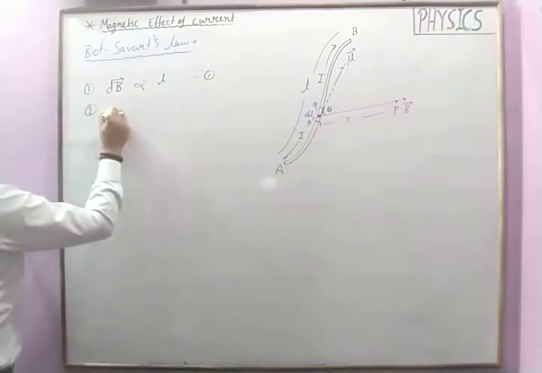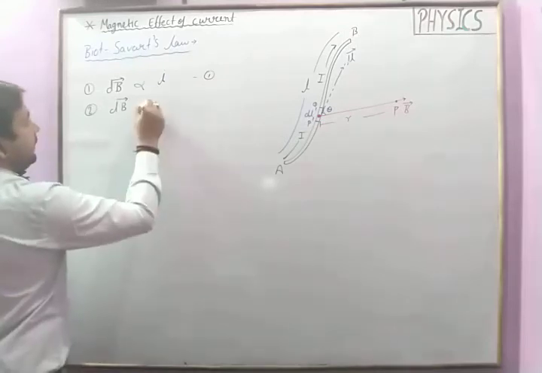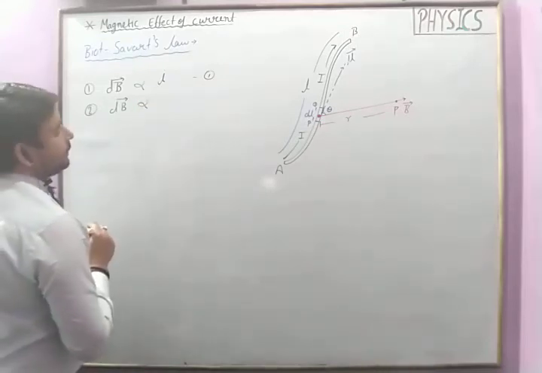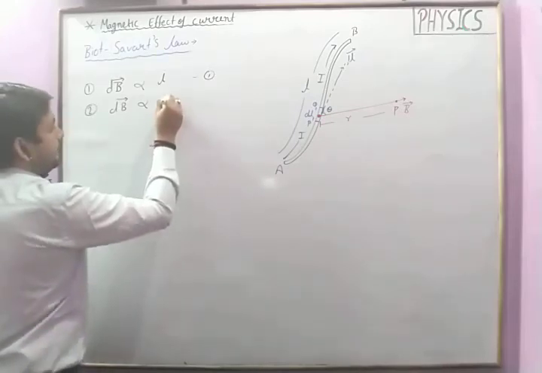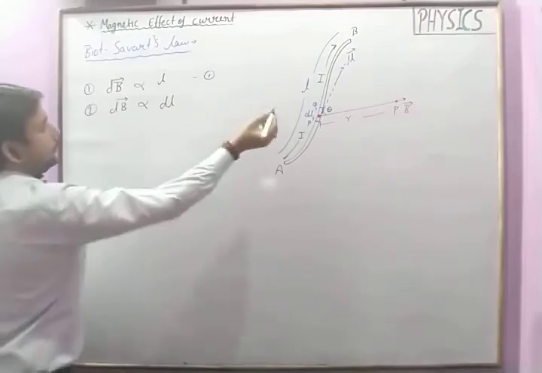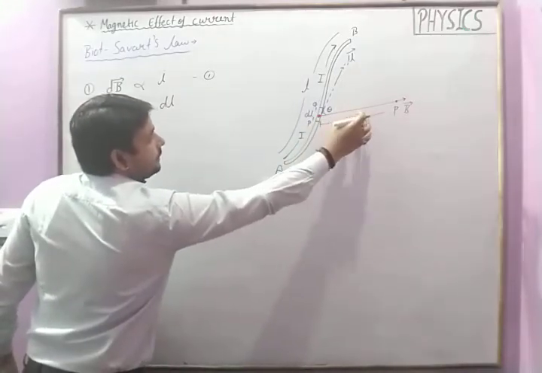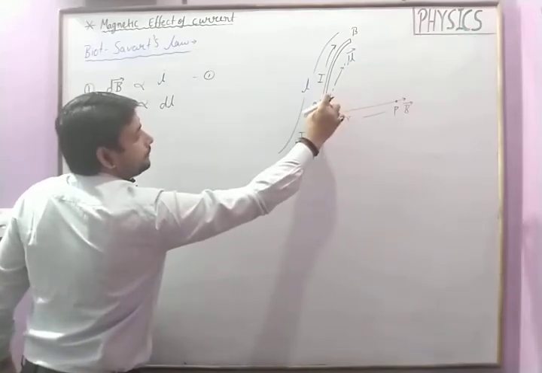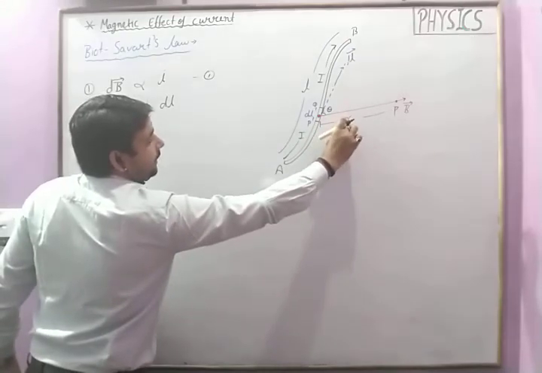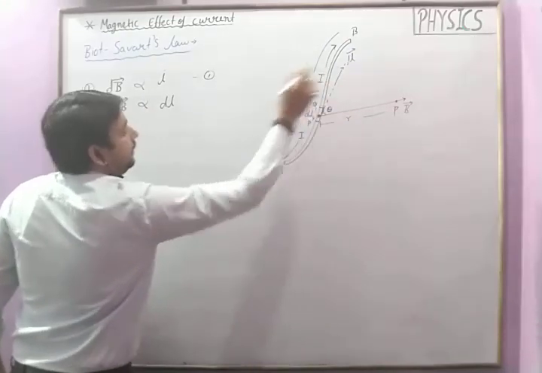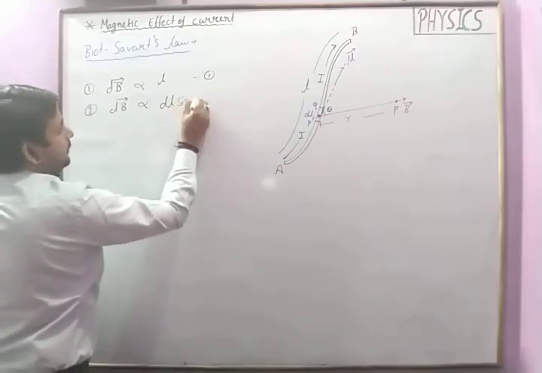Second rule is that the magnetic field due to a current element is directly proportional to the product of the length segment and the sine of the angle between the distance vector and the plane of the paper carrying the current element, that is sin theta.